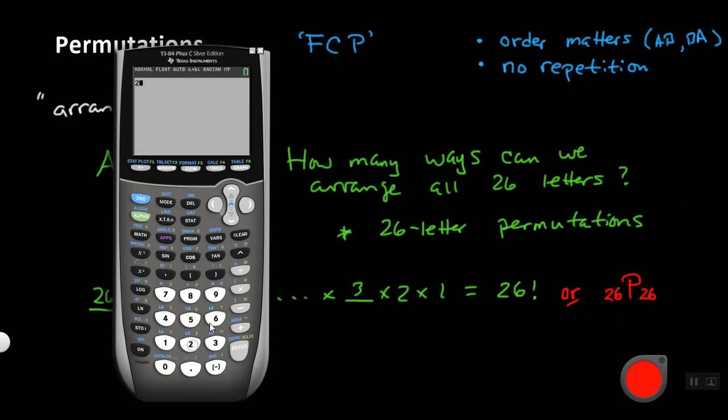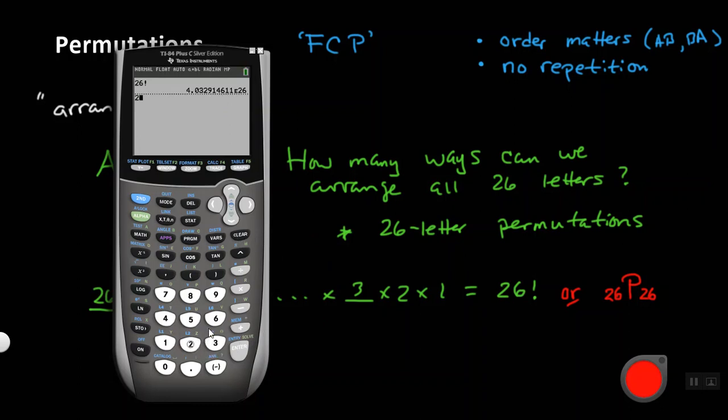Okay, so we'll go 26 factorial. And remember, that could be in a variety of locations on your calculator, but in Texas Instruments, it's in the probability menu. And there it is, factorial. So if I go 26 factorial, no surprise, this is about 4.03 times 10 to the power of 26. It's a ridiculously big number.